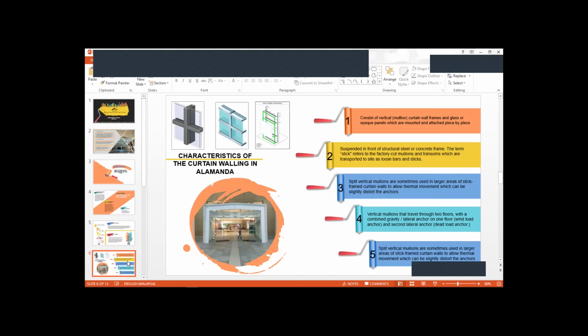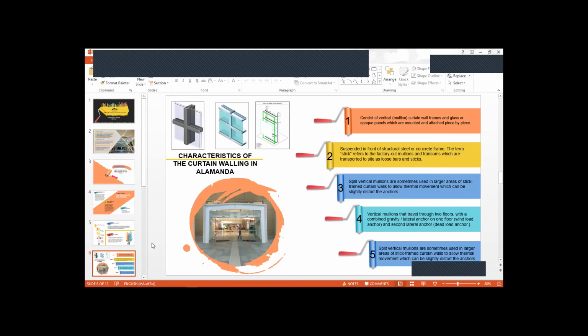As you know, the curtain wall in Alamanda is at the main entrance, so the exposure of the curtain wall system to the wind will be higher. That's why there is a wind load anchor, so it can resist the wind and reduce the sway of the curtain wall.